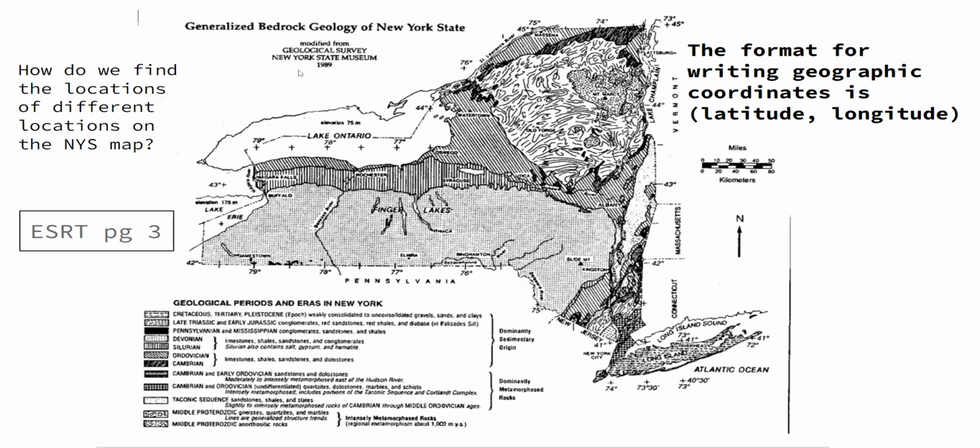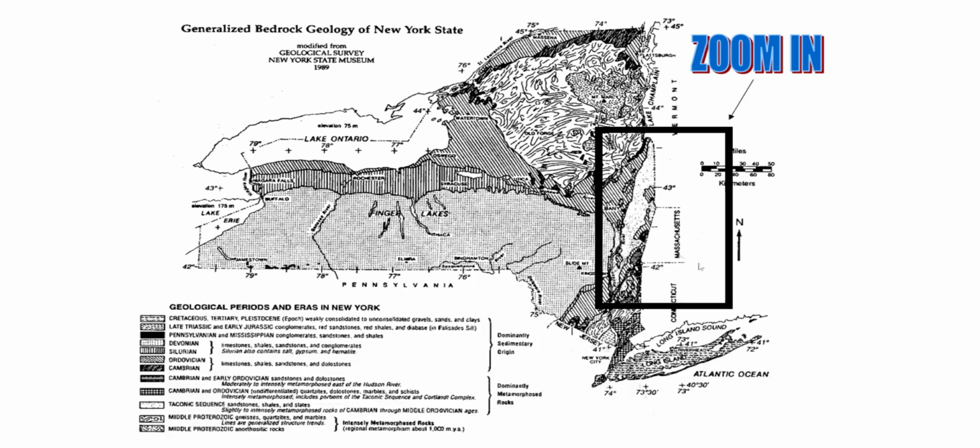So this is, remember, a map of New York State. So we're looking at locations in New York State today. So let's zoom into this area right here. The numbers on this map are very small, right? So New York State is a very small part of the entire world.